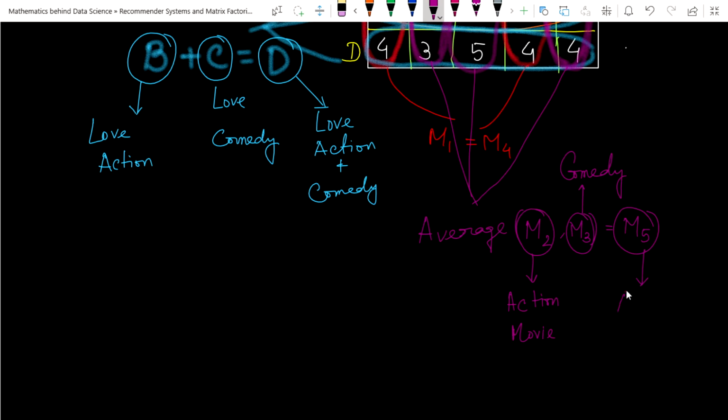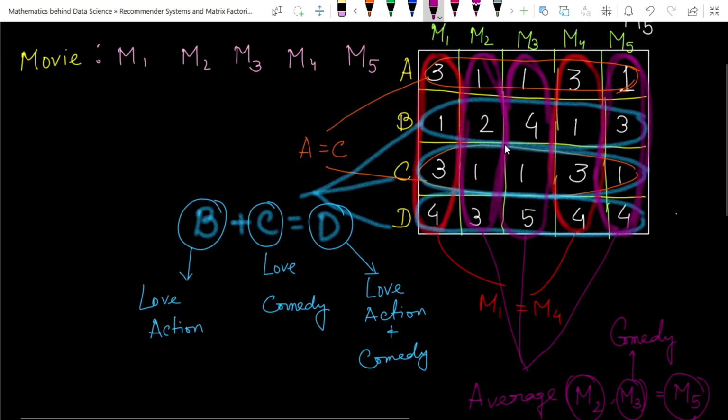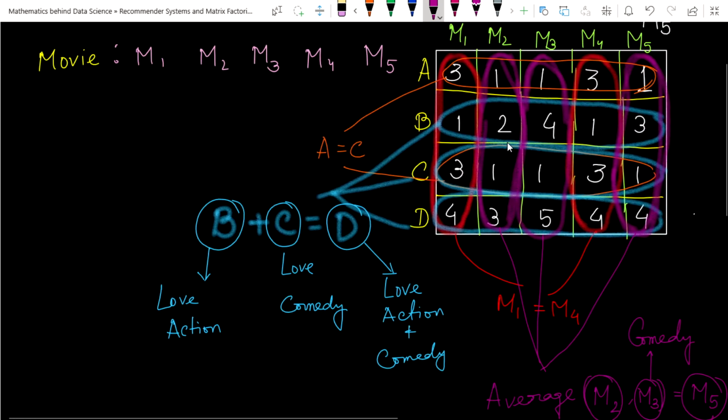It will be average of action plus comedy. That's the type of movie it is, not so action, not so comedy, an average type. That's what I'm talking about. Okay, I think you got the idea.